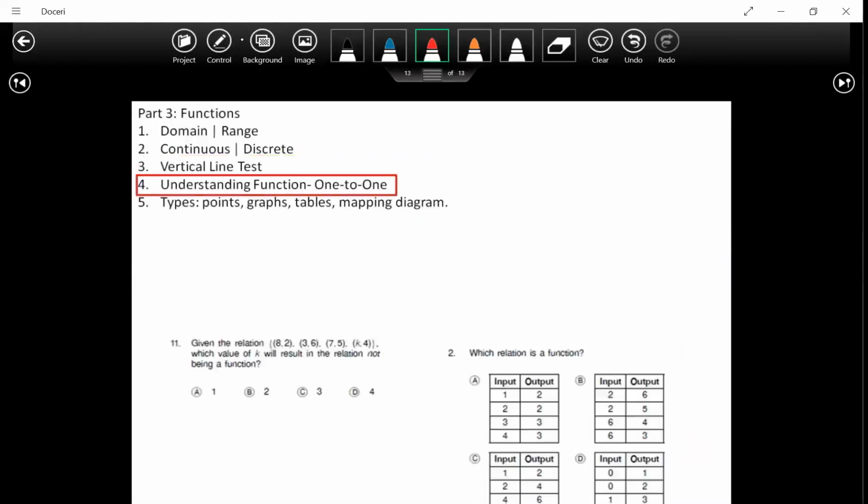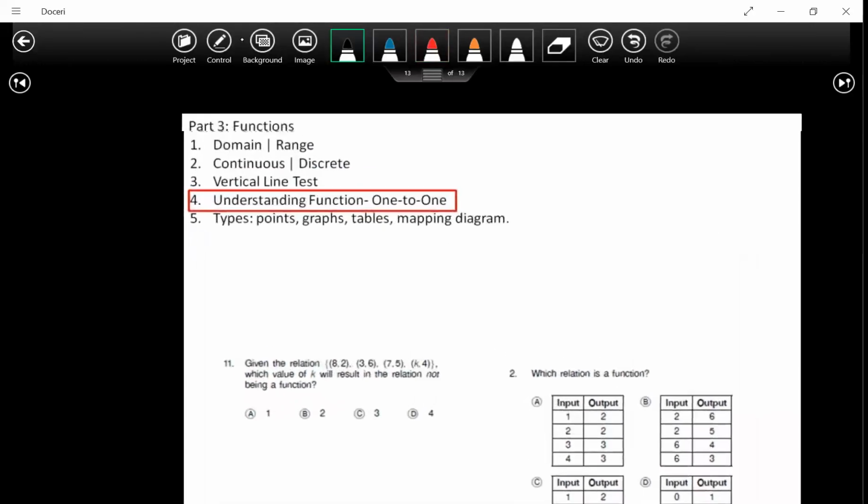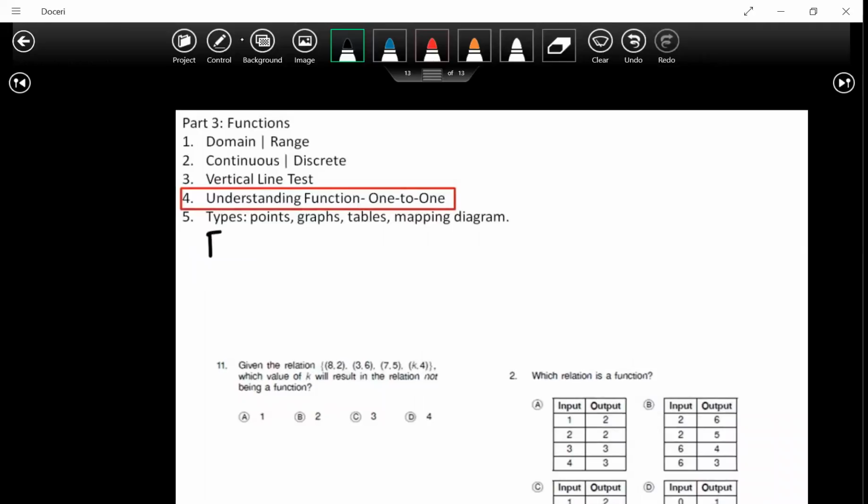And that's understanding one-to-one functions: for it to be a function, 1 x to 1 y.